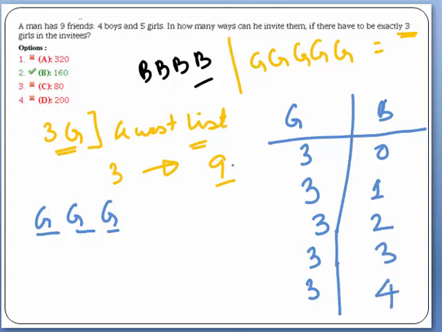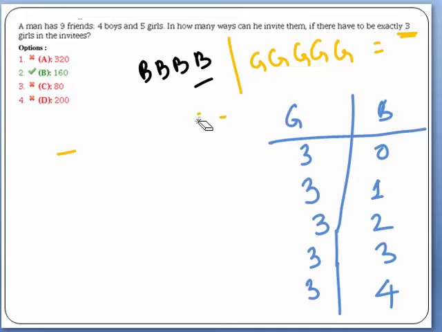These are the only possibilities in which he will invite people so as to meet this criteria of inviting only 3 girls. What I have done is simply try to count, and I have not used any formula here. It's not rocket science, it's very easy. 3, 0; 3, 1; 3, 2; 3, 3; 3, 4. So these are the 5 possible combinations.